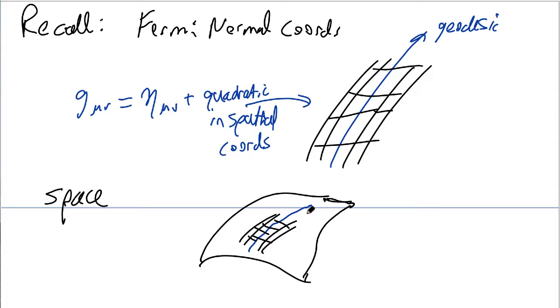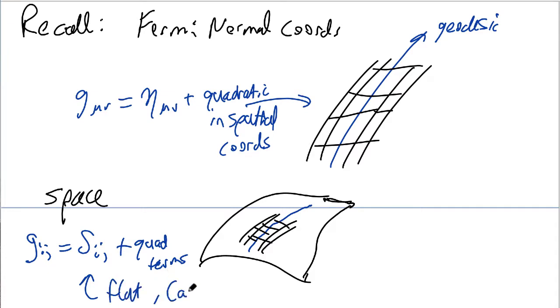So there's the coordinate grid in the neighborhood of this geodesic, in which the metric, let's call it in this context g_{ij}, where i and j run from 1, 2, and maybe 3 or higher, is just equal to the metric for flat space in Cartesian coordinates plus small quadratic terms. Okay, so we can do this along any curve.